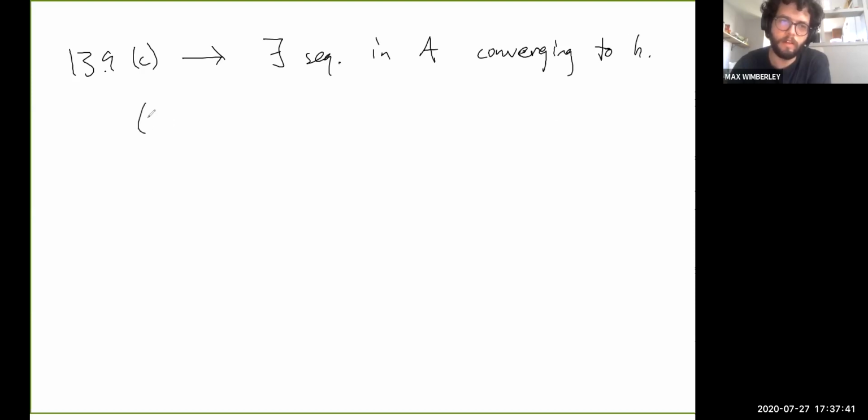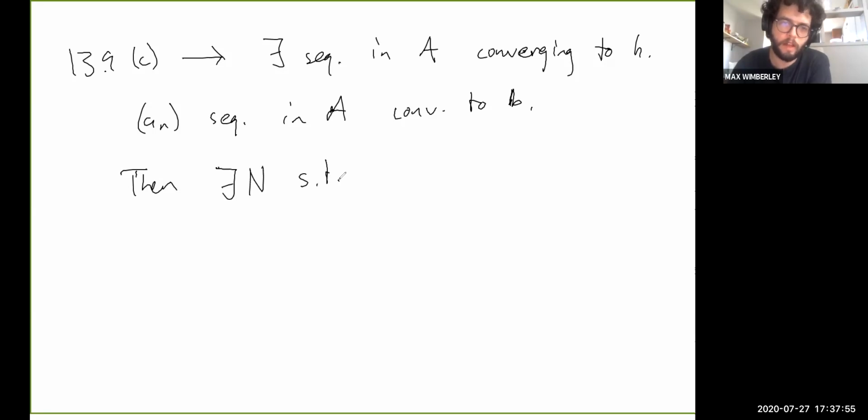So say A_N is a sequence in A converging to B, then there exists some capital N such that for all little n greater than capital N, the distance between A_N and B is less than R, right?